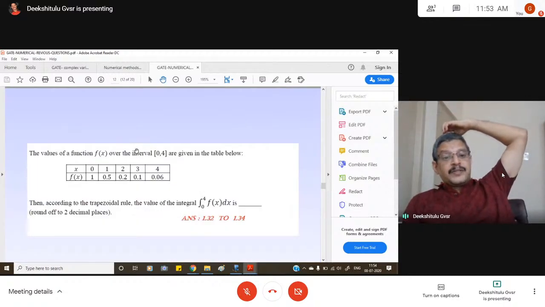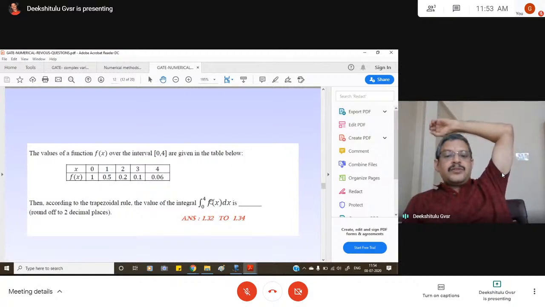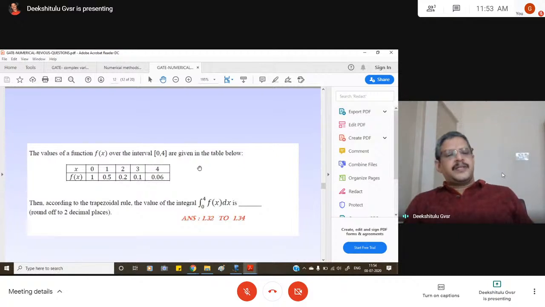The values of a function f(x) over the interval 0 to 4 are given to you. Then according to the trapezoidal rule, what is the integral from 0 to 4 of f(x) dx? You can calculate this orally. It is h by 2, and what is h? h is 1. So 1 by 2 into 1 plus the last value 1.06 plus 2 into the remaining values.